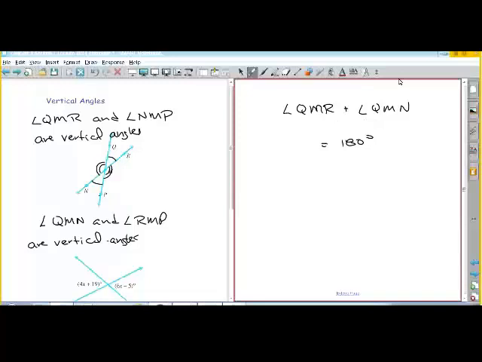And what's the name of two angles that, when added together, add up to 180 degrees? Do you remember what that's called? They have a special name. It starts with an S. Supplement. So there are supplemental angles. Two angles that add up to 180 degrees are called supplementary angles.